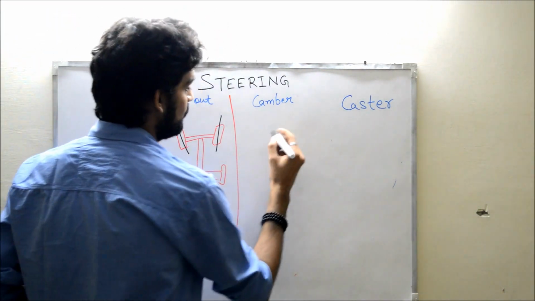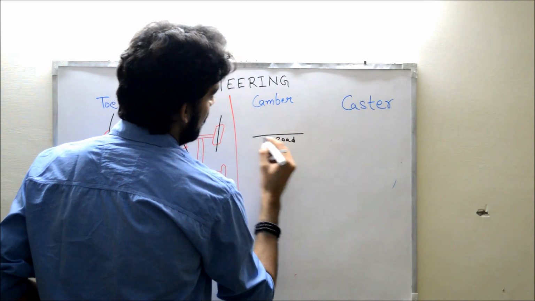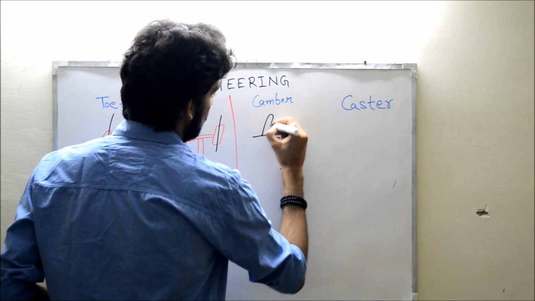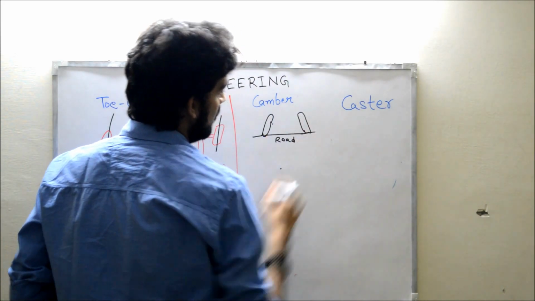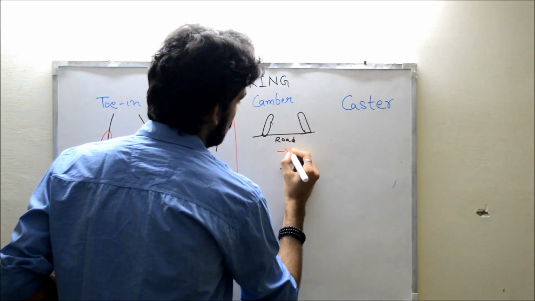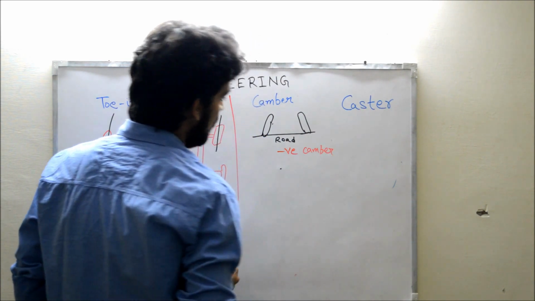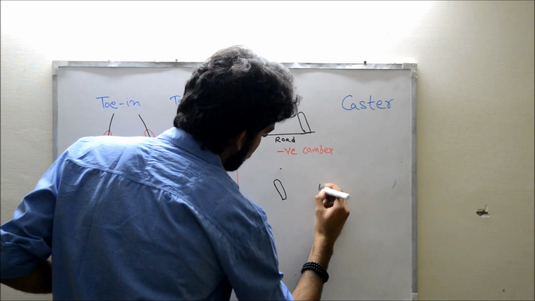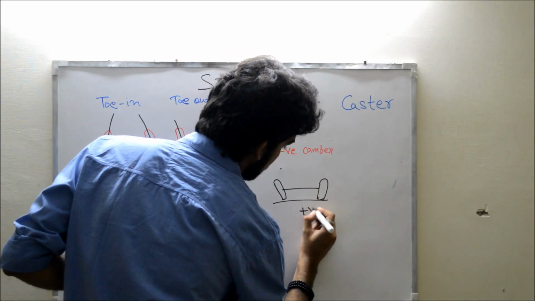Now in camber, this is the road. The front wheels of the car making this kind of alignment is known as negative camber. And what is just opposite to the negative is known as positive camber.